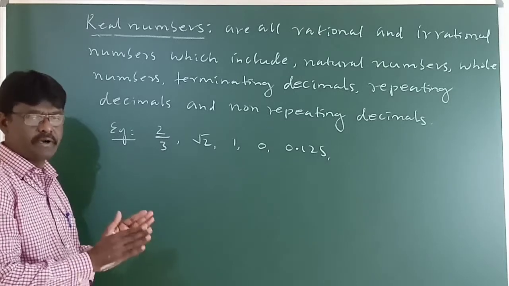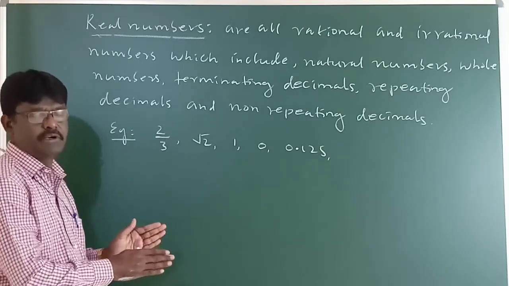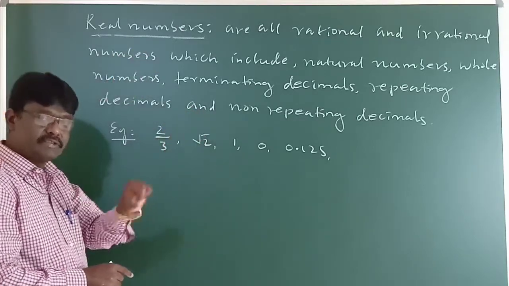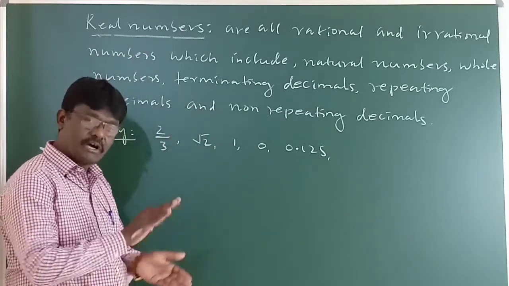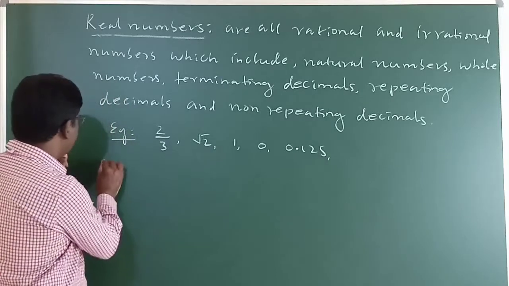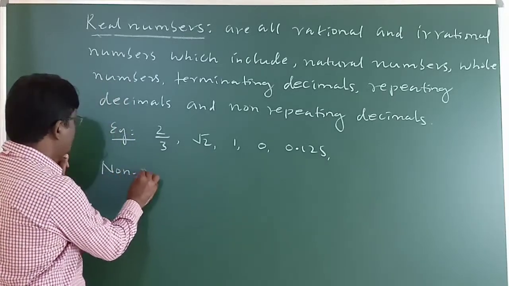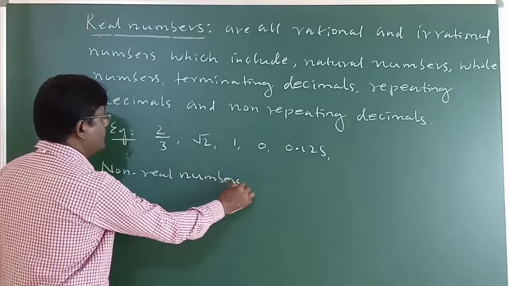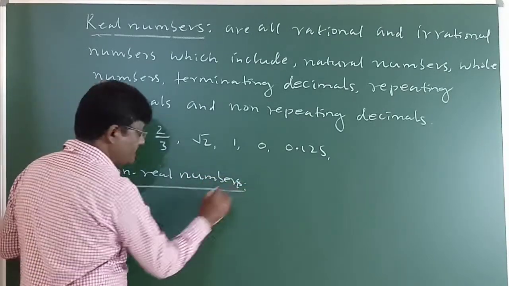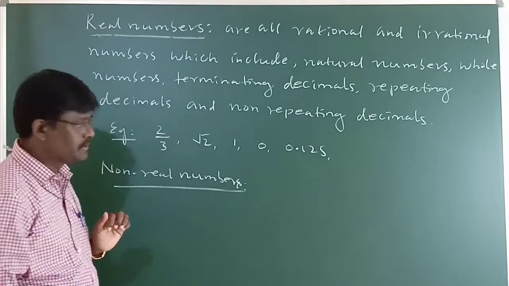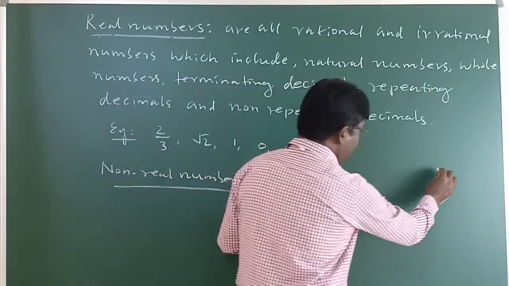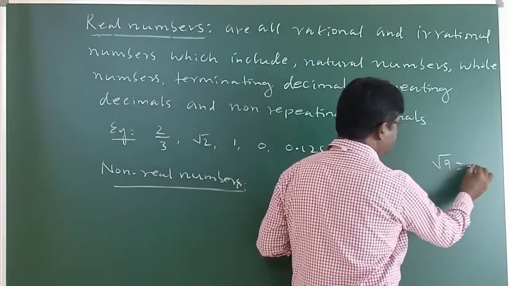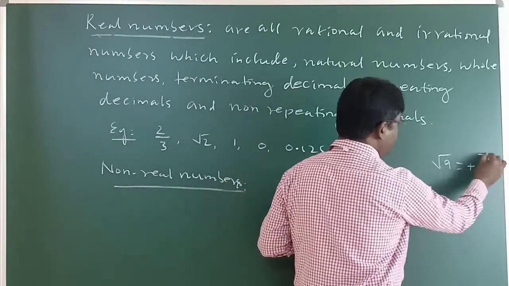Okay. We have one more concept. So far, from class 1 to 9, what we have learned are all real numbers. Then those which are not real, we call non-real numbers. Which are non-real numbers? For example, the square root of 9 is plus 3 or minus 3.